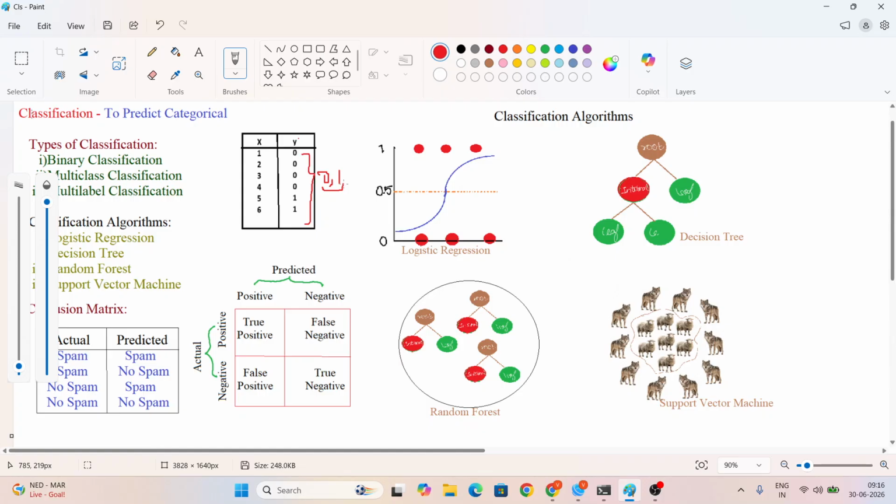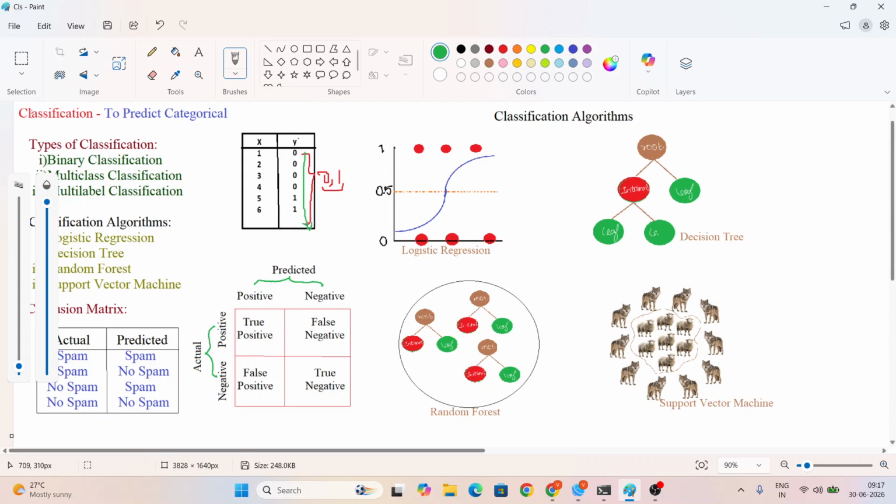Multi-class classification has more than two: 0 1 2, 0 1 2 3, 0 1 2 3 4 5, likewise. So this is classification, guys. You are only predicting the categorical, whether it's fail or pass.